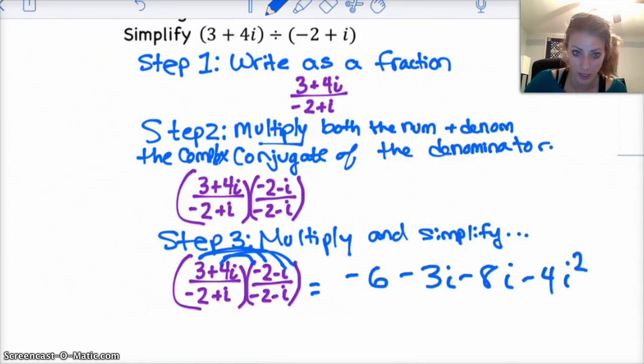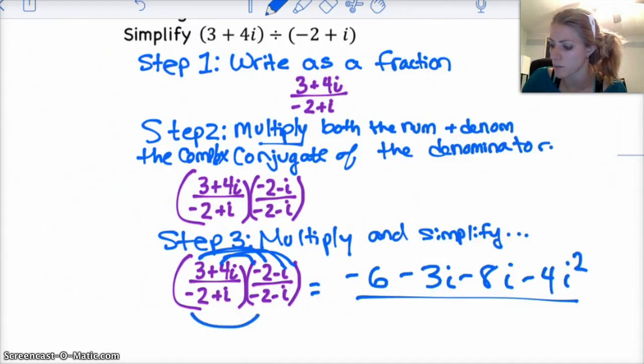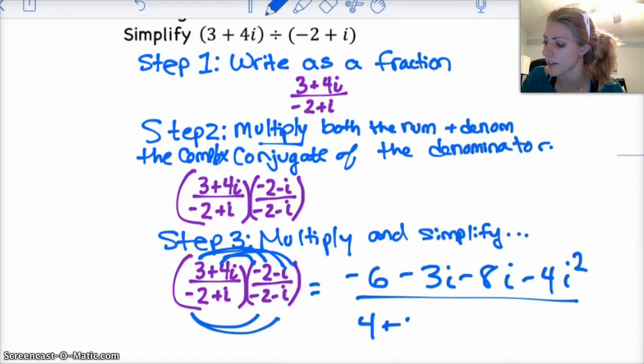So that's the numerator. And the denominator, we want to do the same thing, FOIL. Negative 2 times negative 2 is positive 4. Negative 2 times negative i is plus 2i. Then minus 2i, then minus i squared, and then start reducing this.